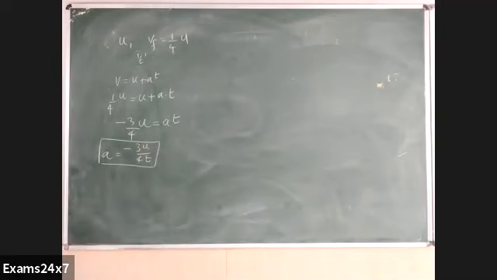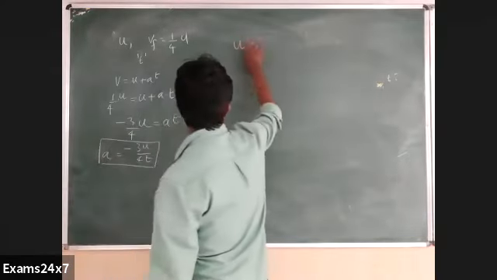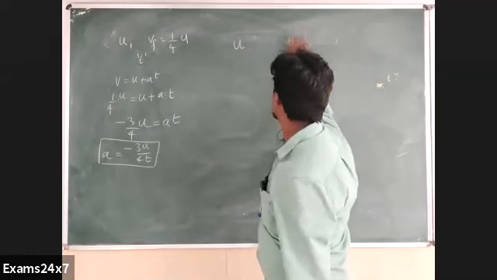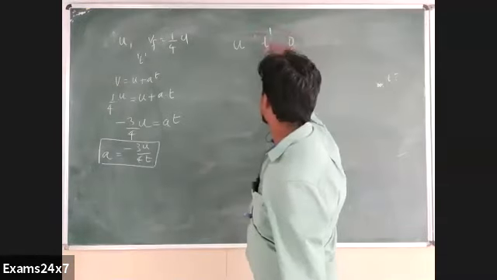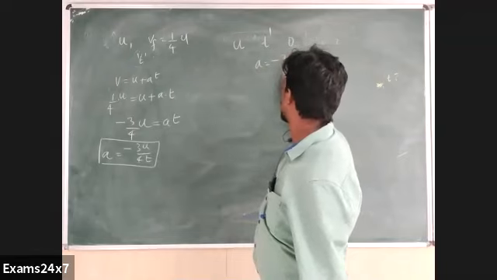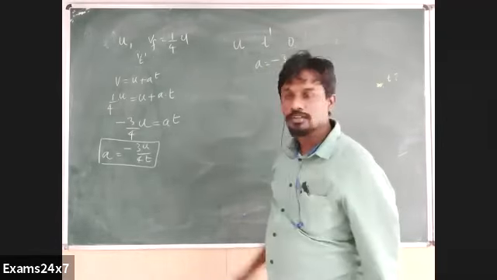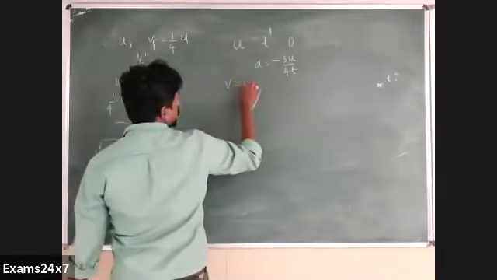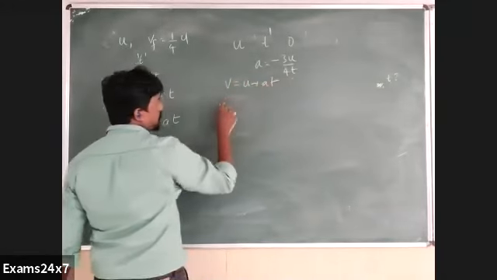They're asking total time t dash till the body becomes stationary. So initial velocity is u, final velocity is 0. Just find out t dash, and acceleration is minus 3u by 4t. V is equal to u plus at. Final velocity is 0.